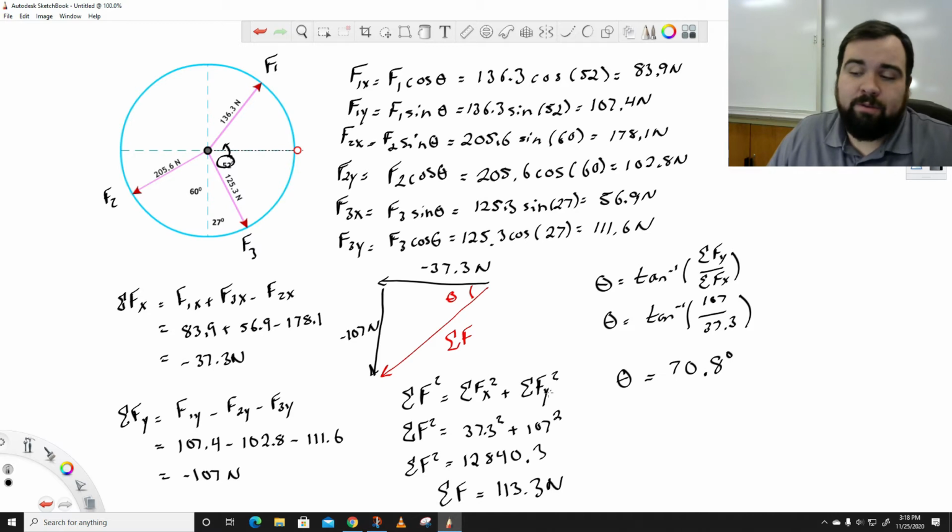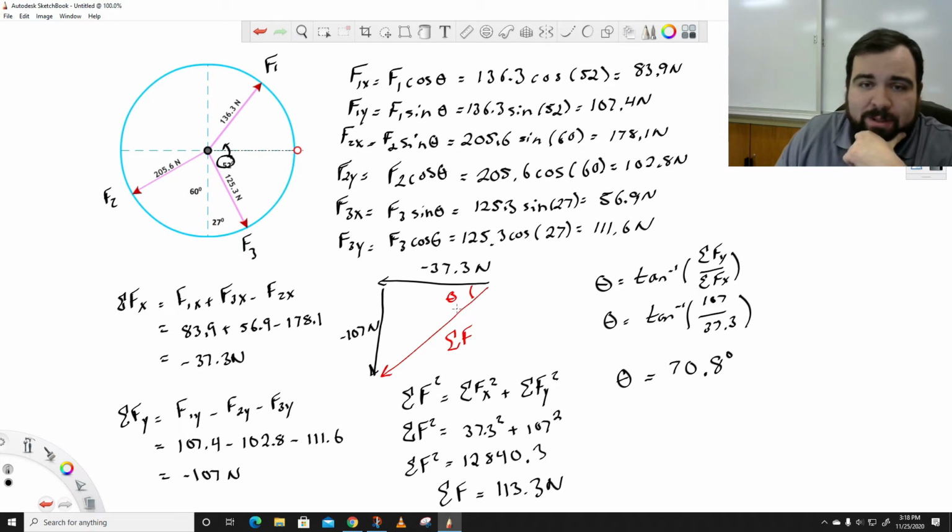So there we are. We have a total net force of 113.3 newtons and an angle of 70.8 degrees. Now this angle is going to be from the negative x-axis down. So if this is our net force, we need to bring this all into balance. We bring it into balance by putting in an additional force, this time a fourth force, that is exactly the opposite in magnitude and direction as our net.